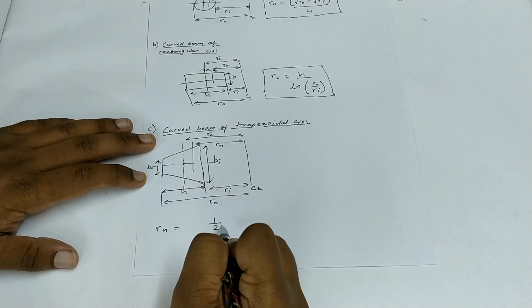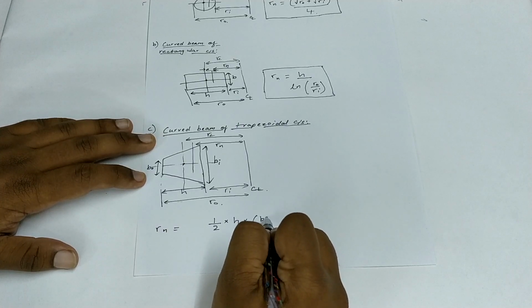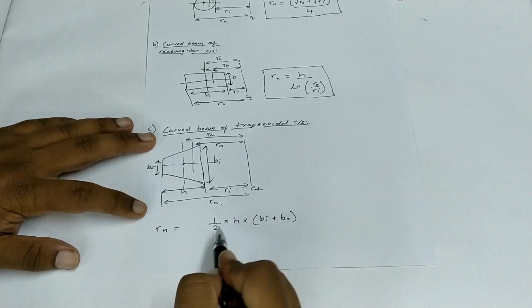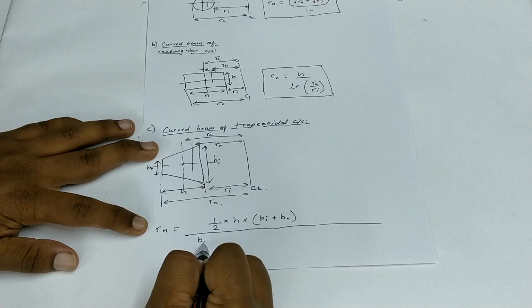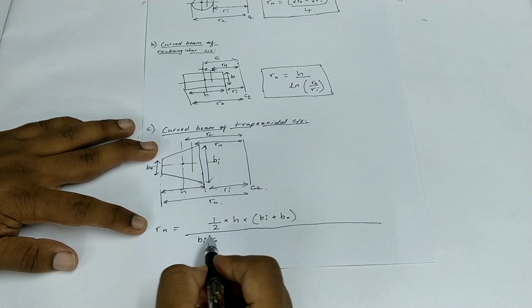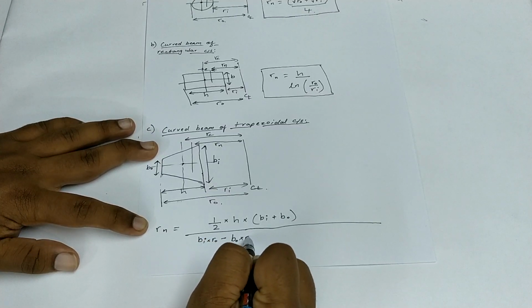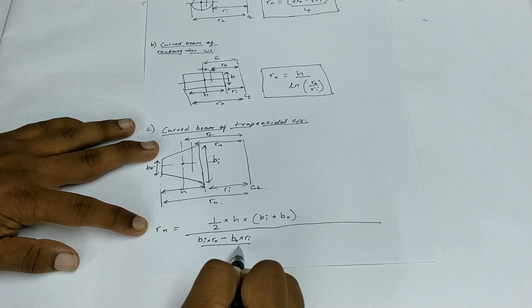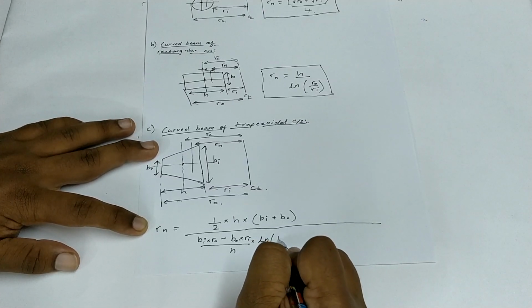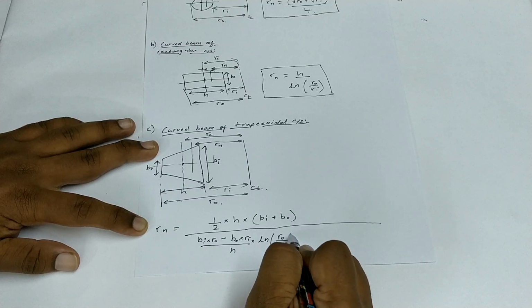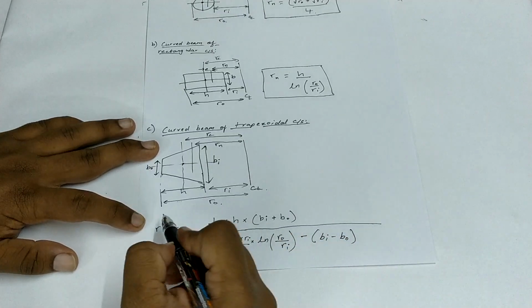In this case it's a long expression, given by Rn is equal to half into height into (Bi plus Bo), whole divided by (Bi into Ro minus Bo into Ri), whole divided by H into natural logarithm of Ro divided by Ri, minus (Bi minus Bo).